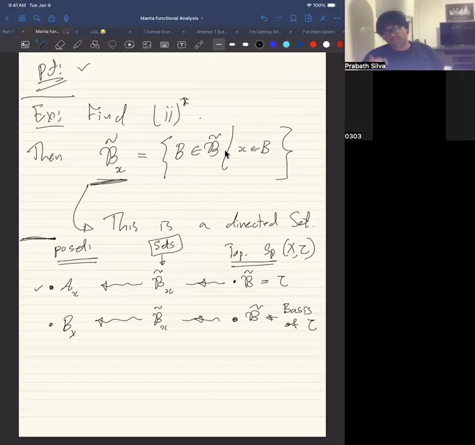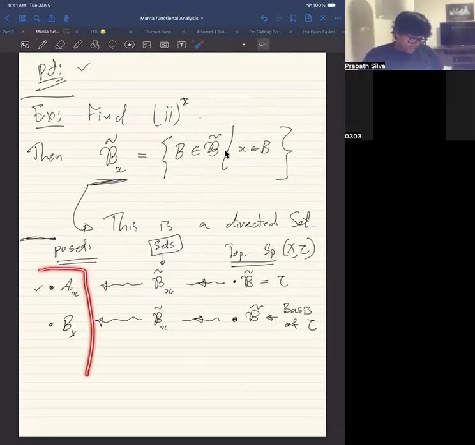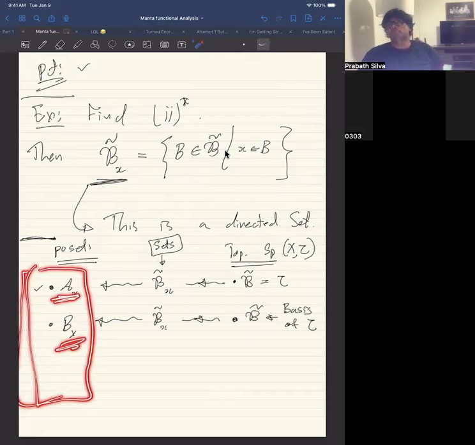So this B delta X would be the neighborhood basis at a point, and then you have Bx. We can write the things in the lattice world. So the point is, you can write these things in terms of lattices, but this Ax and Bx would have more properties than a directed set.